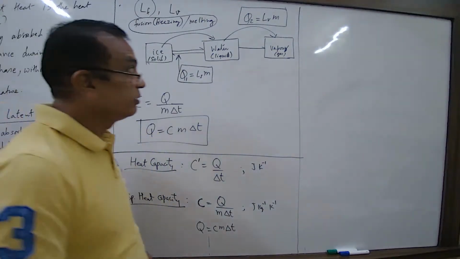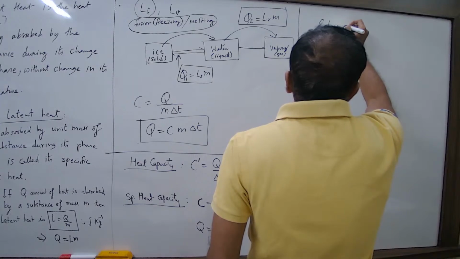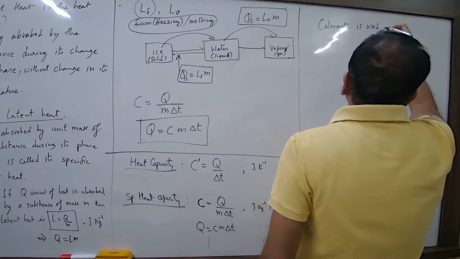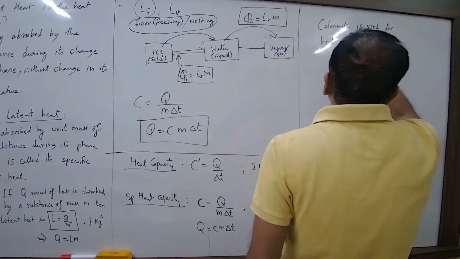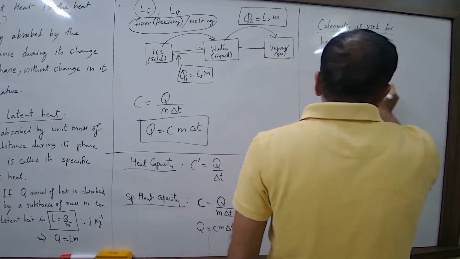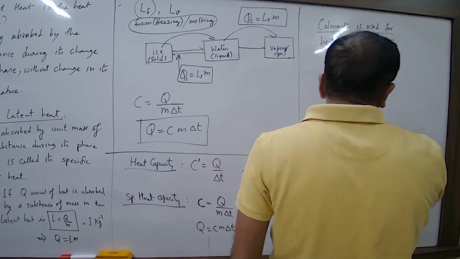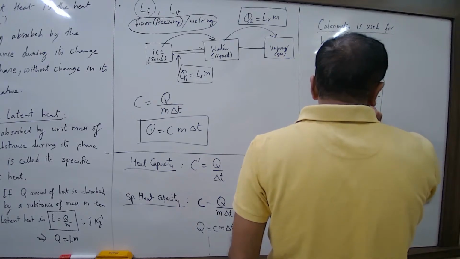So what is the principle of calorimeter? Calorimeter is used for heat measurement. Suppose I have this calorimeter with water. Let us say the initial temperature of water was T1, and I put some hot metal block in it, and its initial temperature was T2.